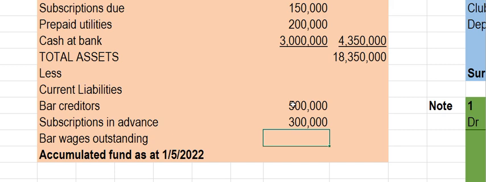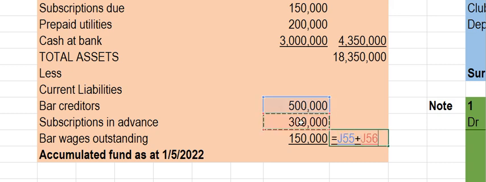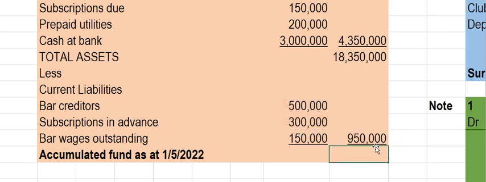Then bar wages outstanding, that is 150,000. When you add these, the current liabilities, we come to 950,000. So the accumulated fund is total assets minus the liabilities, giving you 17.4 million.